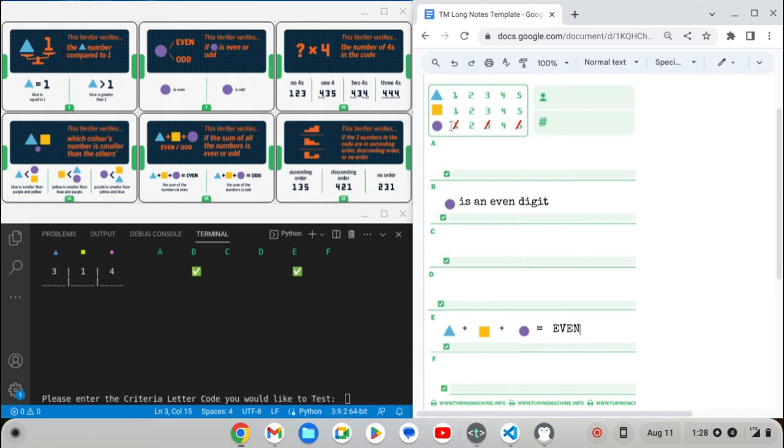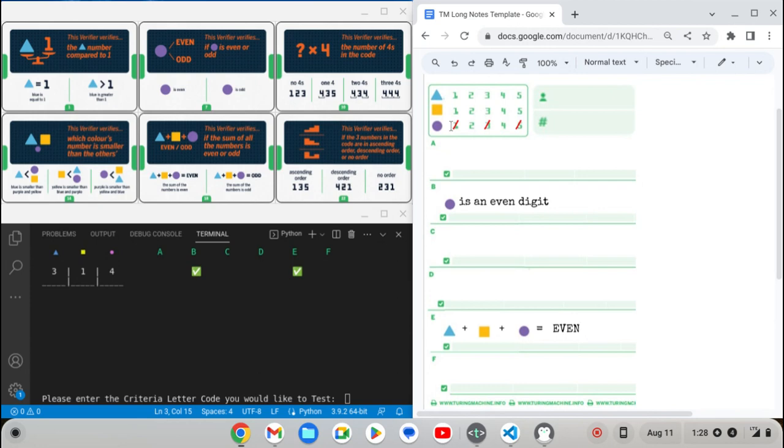Which brings up an interesting case. We do have that criteria card C that tells us how many evens there are. The two evens don't necessarily have to be equal to each other. They could be different, one of each, 2 and 4, or they could be a double. Same thing for the odds.